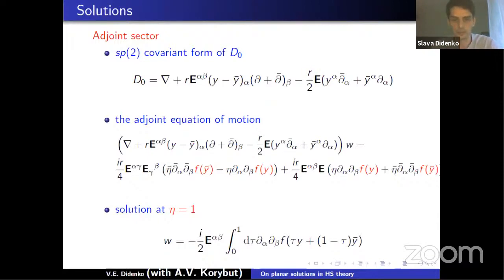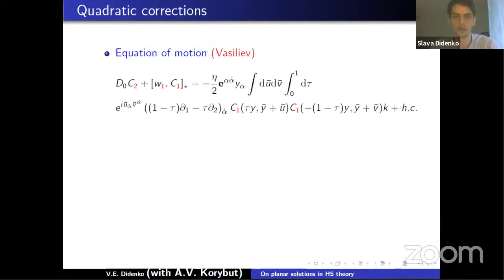So with this solution of the adjoint and twisted adjoint sectors, we go to the nonlinear level, to quadratic order. And the first equation that one encounters is the corrections to the twisted adjoint sector, which was extracted from Vasiliev's system. Here the subscript 2 means the second order corrections, and 1 means these are the free fields, so we are in perturbation theory. Generally, Vasiliev's system is four-dimensionally supersymmetric.